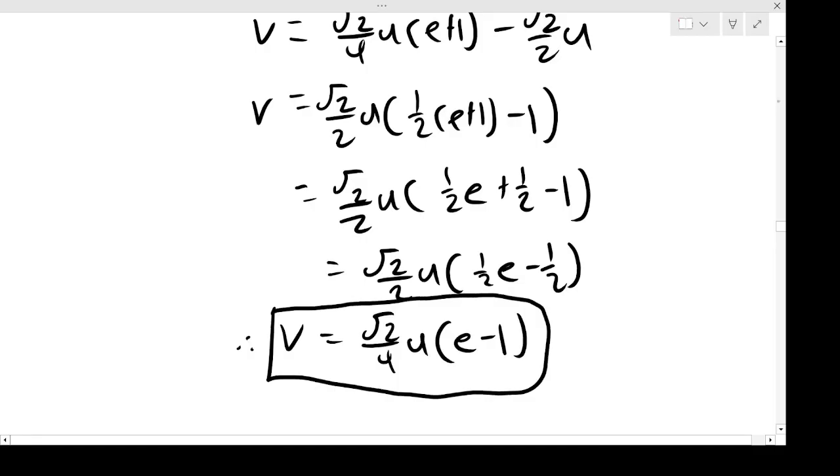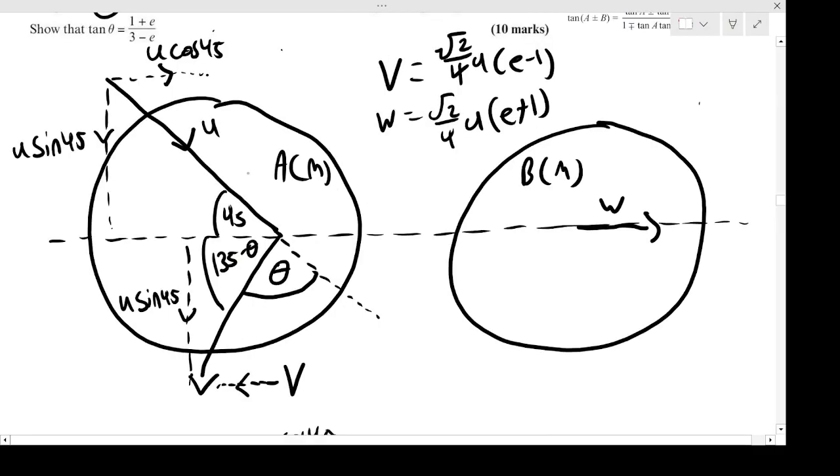Okay, so now I can go back to my diagram. Right, so I've added my two parts V and W here, my two parallel parts. If we look at the diagram then, I have V. I can substitute V in if you want to. So V is root 2 over 4U of E minus 1, right? We worked that out.